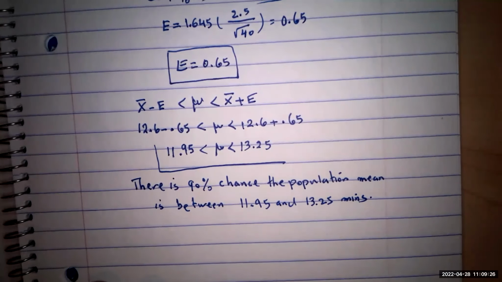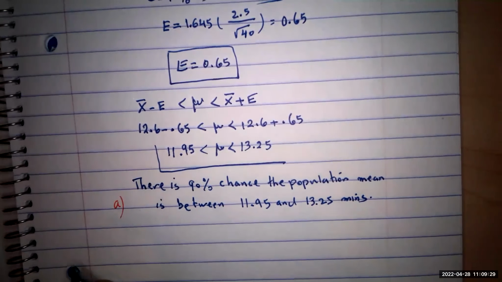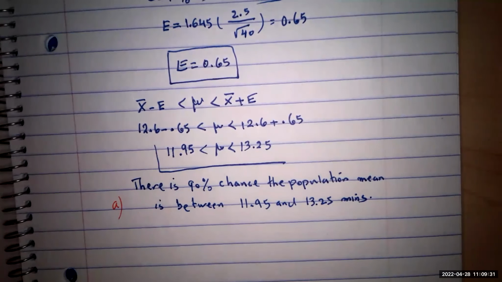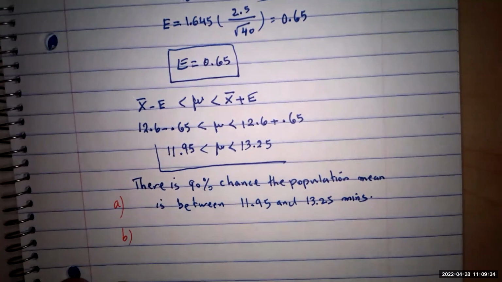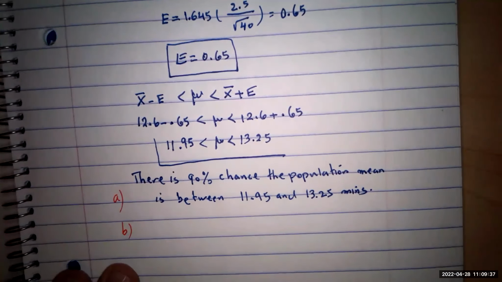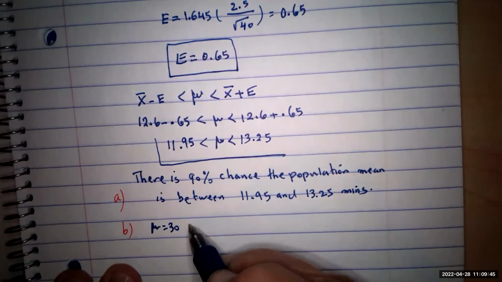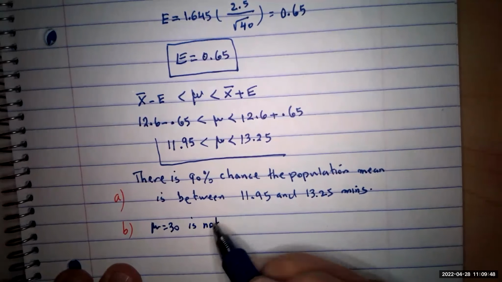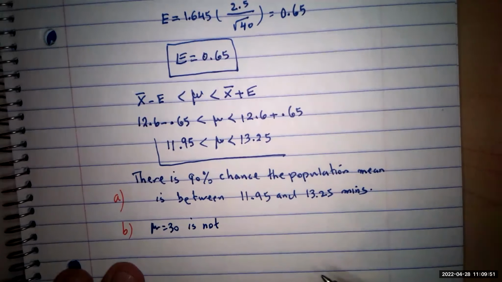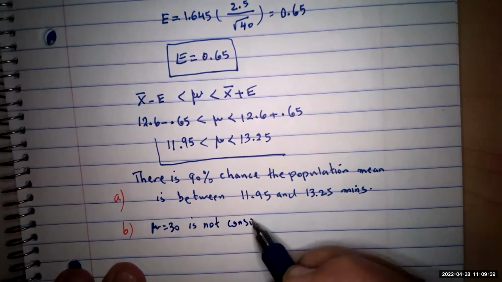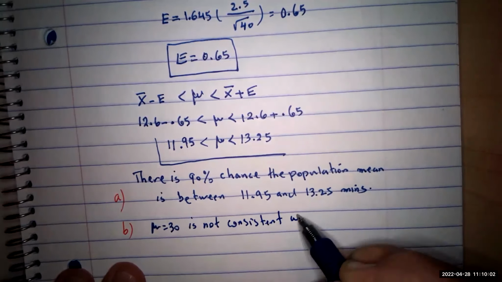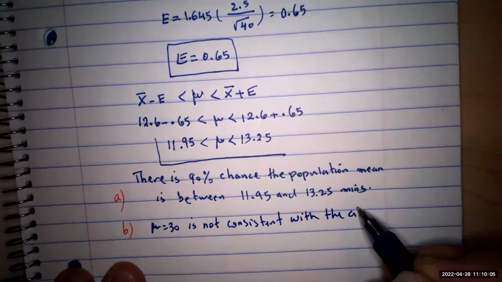Okay, that's part one. And for part two, the claim was 30 minutes. No, it's not true. So in part two, you just write something. The 30 minutes, mu equal to 30 minutes, is not in the interval. It's not true. It's not consistent with the above interval.